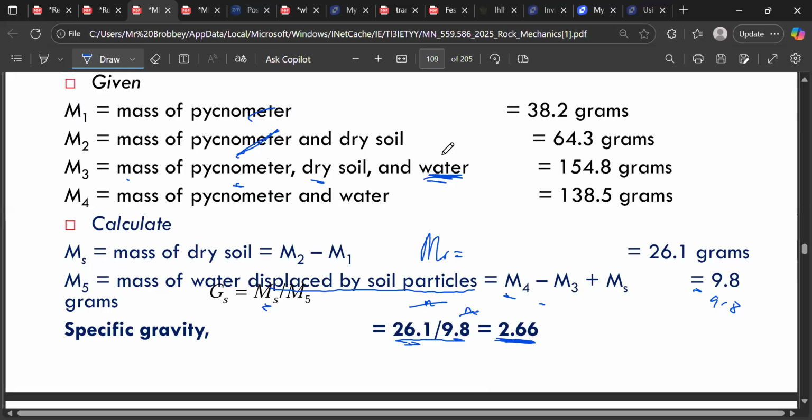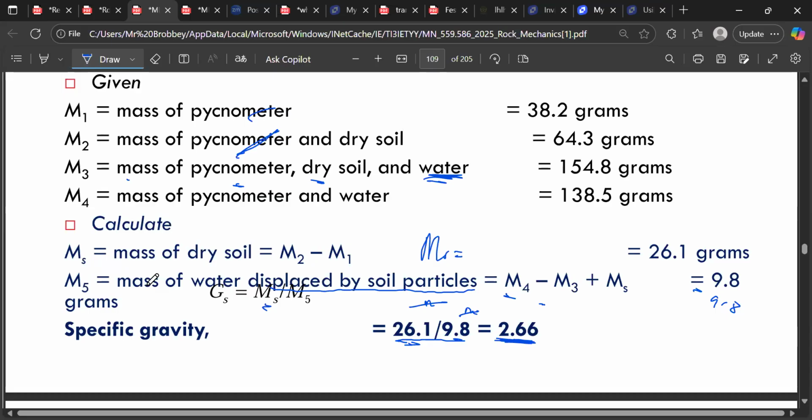Dr. Hussein, meaning your last point, the M5, you accounted for about three steps in one. Because with the first step, I would have gone by the way of the mass of the dry soil, meaning the M2 minus M1.